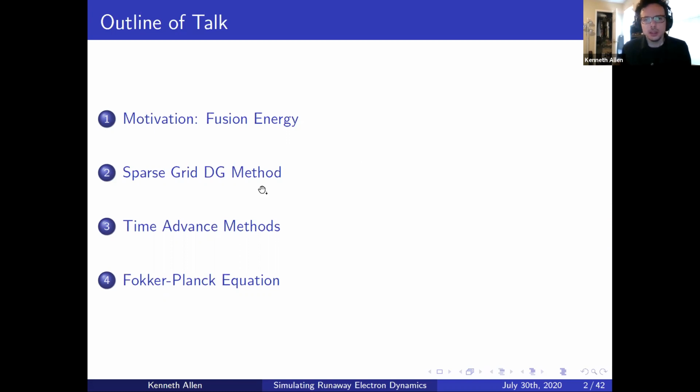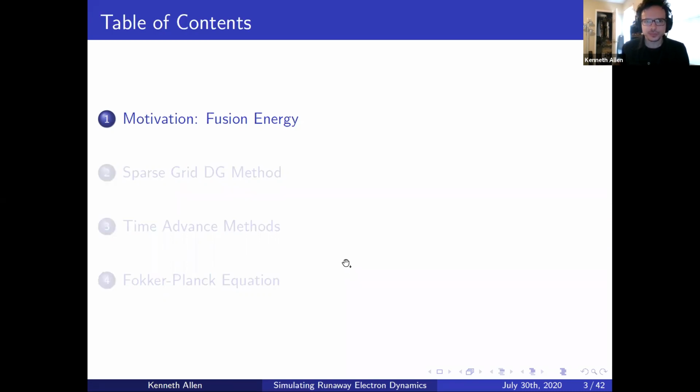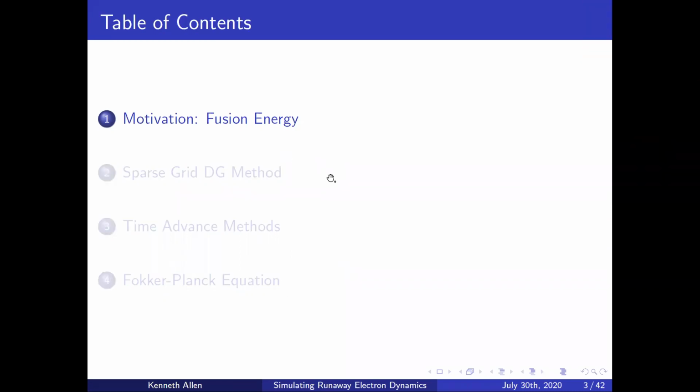And then I'm going to talk about this sparse grid DG method for discretizing spatial differential operators. And then the time advance methods for discretizing the time domain. And then I'm going to talk about the Fokker-Planck equation itself. So start with the motivation for fusion energy.